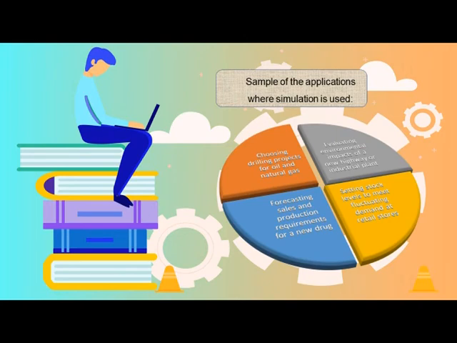For example, choosing drilling projects for oil and natural gas, evaluating environmental impacts of a new highway or industrial plant, setting stock levels to meet fluctuating demand at retail stores, and forecasting sales and production requirements for a new drug.